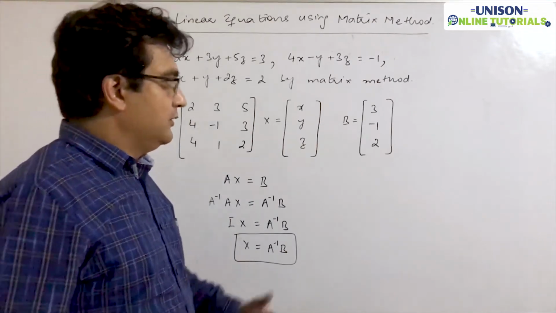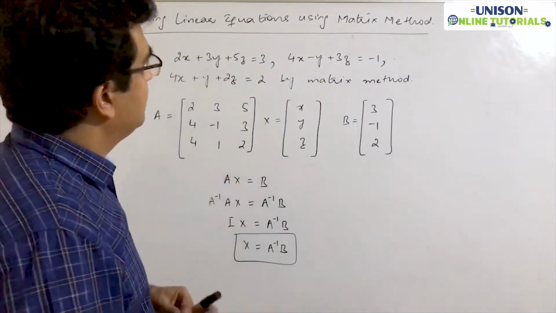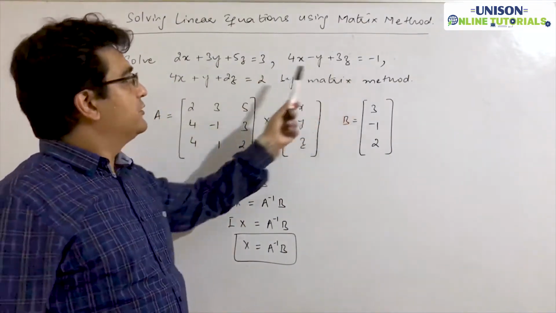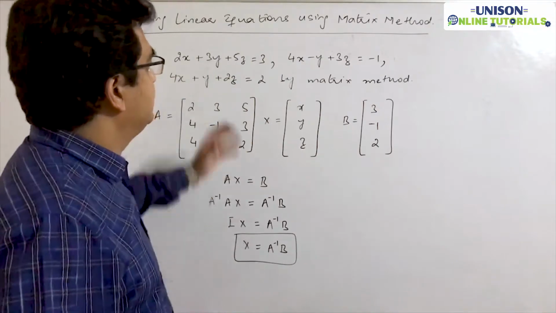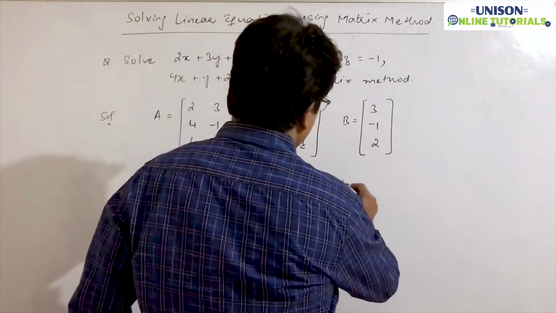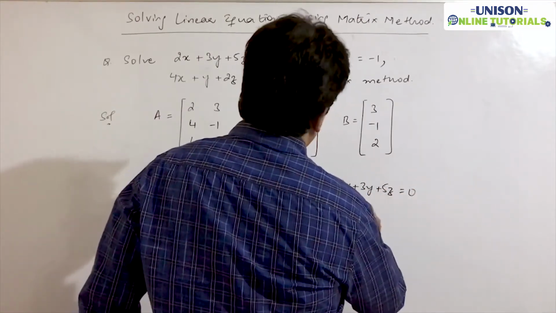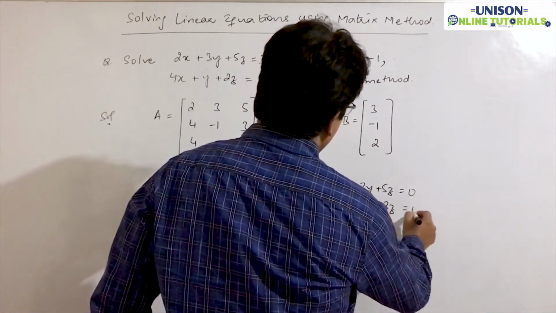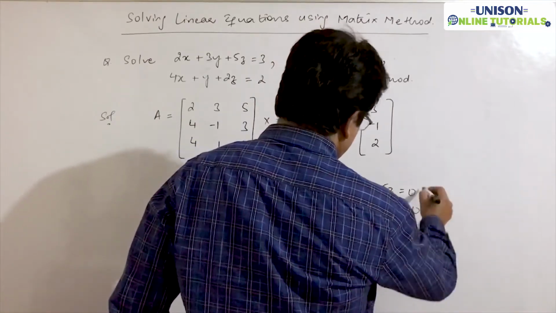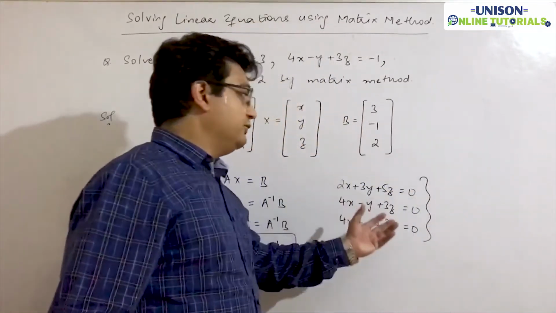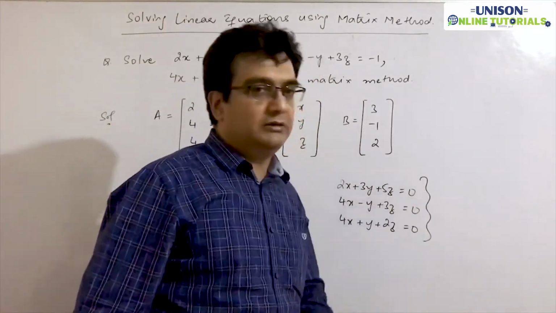Okay. So suppose in these three equations, after the equal to, here there is 3, here -1, here 2. If in all three equations, after the equal to, it were like 2x + 3y + 5z equals 0, 4x - y + 3z equals 0, then 4x + y + 2z equals 0, that is, all the equations are equal to 0, that means the constant part is 0 in all the three equations.